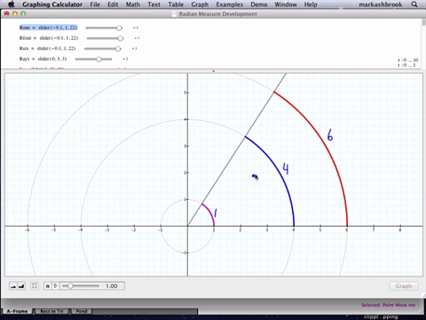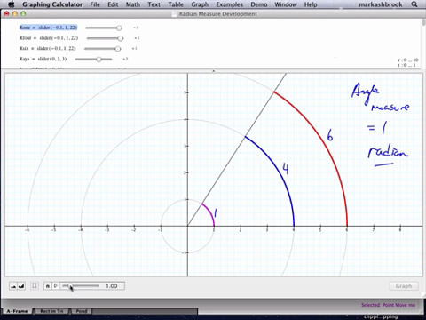Okay, they all have a length of 1 radius, and so this angle measure equals 1, what we call a radian. So the number of radians is equal to the number of radius lengths that the angle cuts off. So no matter what circle you pick, it's always going to cut off 1 radius length. So that's why this angle is 1 radian. There are 2 pi radians per circle. That's right.